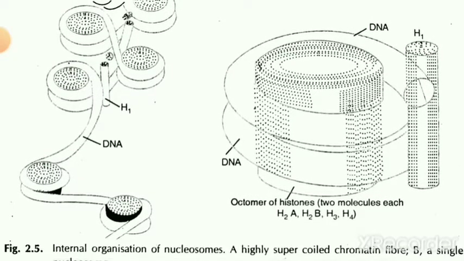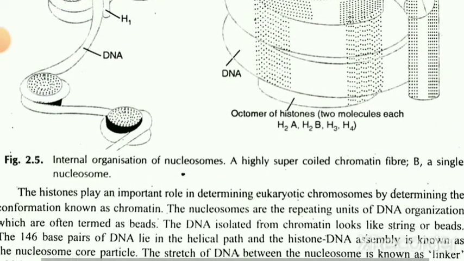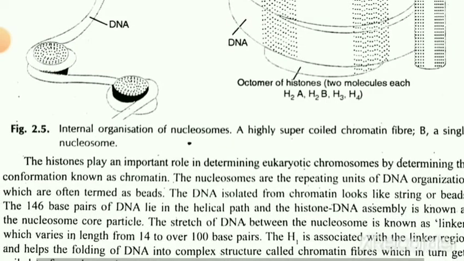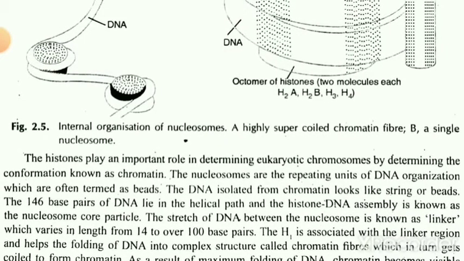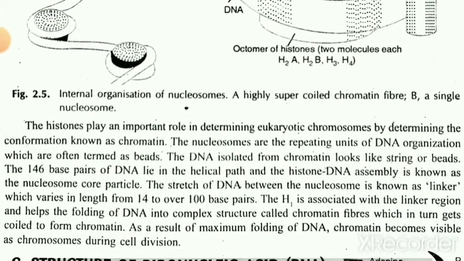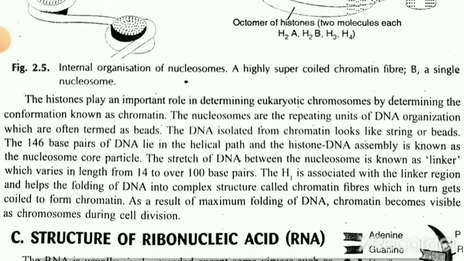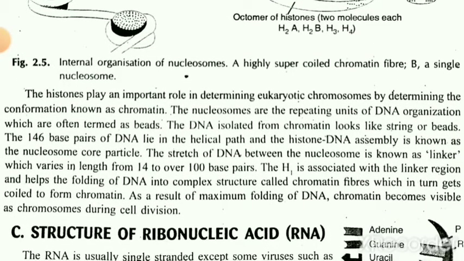The histones play an important role in determining eukaryotic chromosome structure by determining the conformation known as chromatin. The nucleosomes are the repeating units of DNA organization, often termed beads. The DNA isolated from chromatin looks like string of beads. The 146 base pairs of DNA lie in the helical path, and the histone-DNA assembly is known as the nucleosome core particle.